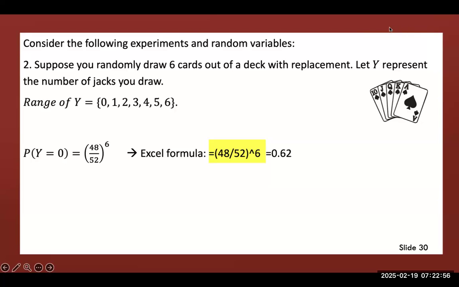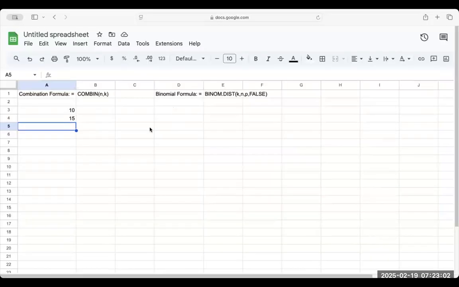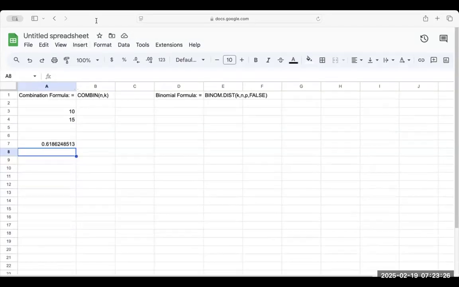Let's see if we can put it into Google Sheets or Microsoft Excel. So I'm going to go back to my spreadsheet, and just somewhere randomly, I'm going to type equals, and in parentheses, I'm going to say 48 out of 52, and I'm going to raise that, so that's shift 6 to the 6th power because I have 6 cards I'm drawing, and I get 0.618, which is about 0.62.